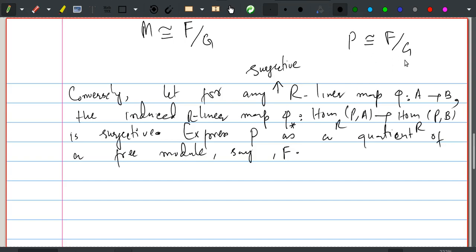If this is the case, then we have a surjection, say phi from F to P, because of the first isomorphism theorem.